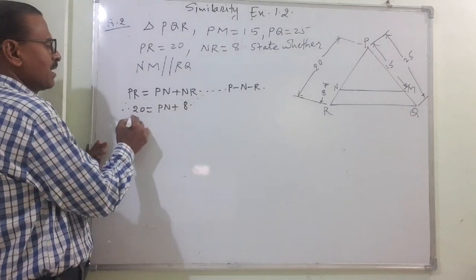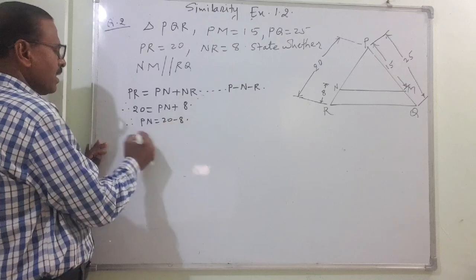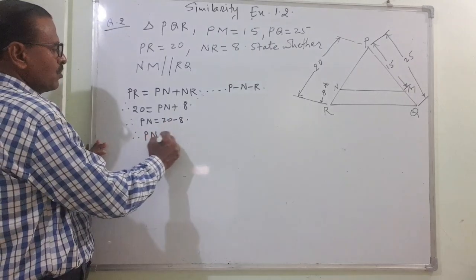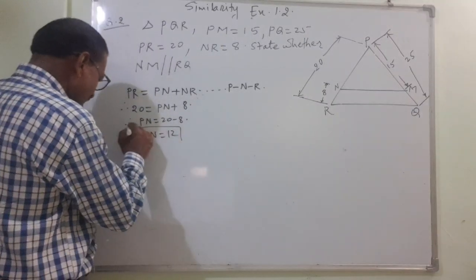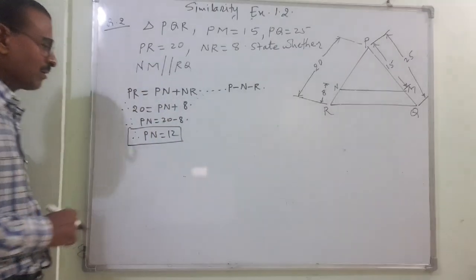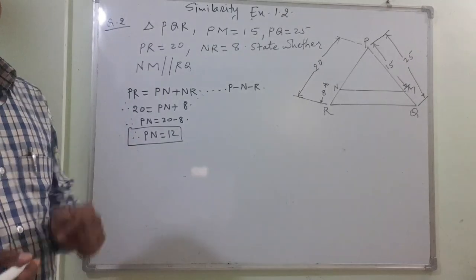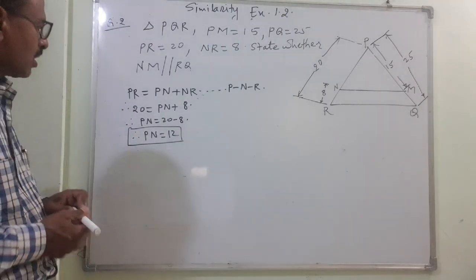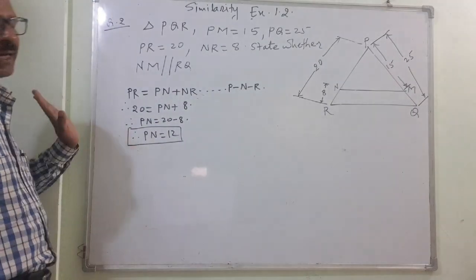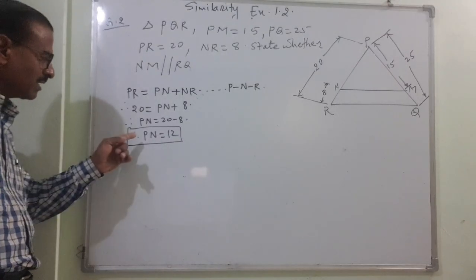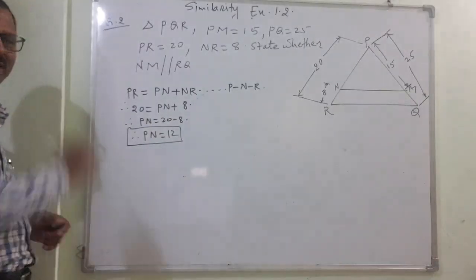Bring this 8 here and it becomes minus. So PN is equal to 20 minus 8, and therefore PN is equal to 12. I have to use it, that's why I am putting a bracket. I want to highlight what the examiner is going to check, because the examiner should not go on searching for your answers. So the examiner will immediately see whether it is done, and if it is done, a tick mark and half a mark for that step.